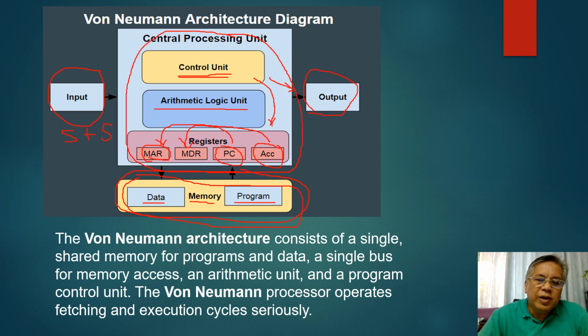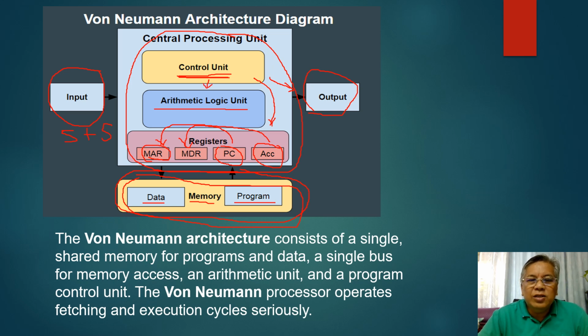Now this 5 plus 5 will be fetched by your control unit, and then your control unit will decode this 5 plus 5 and convert it into the so-called binary language. No? When you say binary language, it deals with 0 or 1 because that is the only language that your computer understands. Now, your control unit will transmit or provide instruction to your arithmetic logic unit.